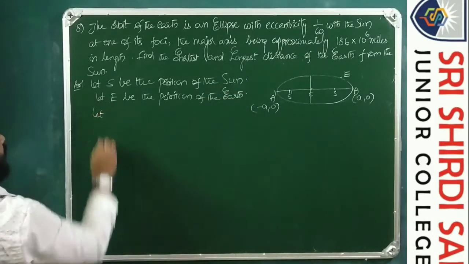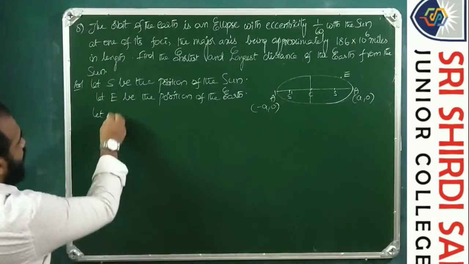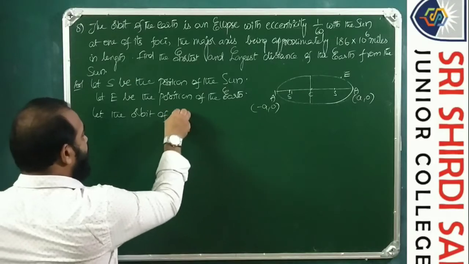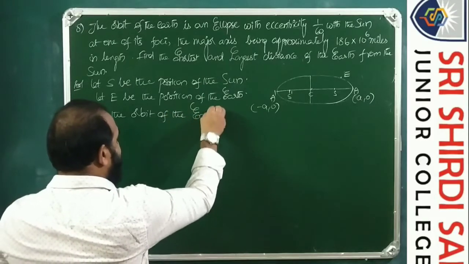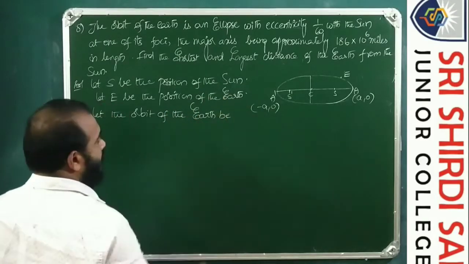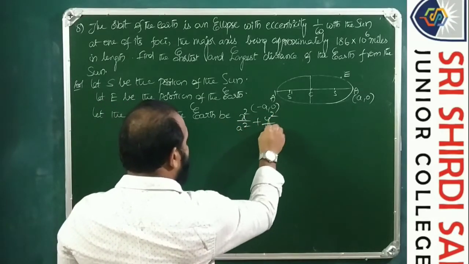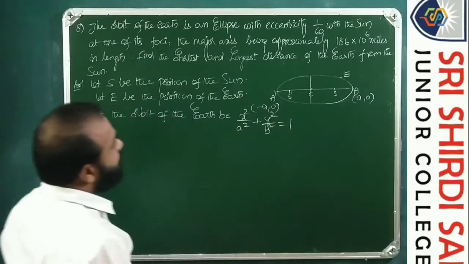Let the orbit of the earth be x square by a square plus y square by b square equals 1.